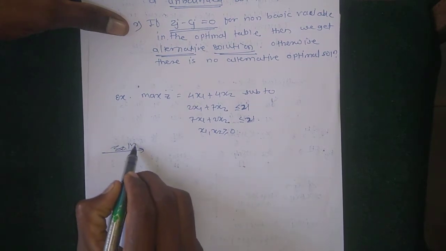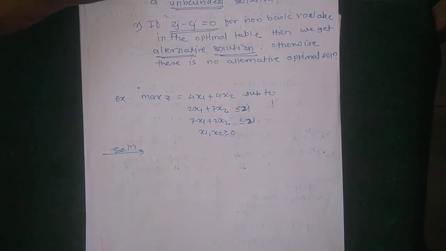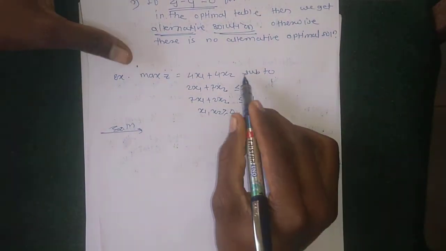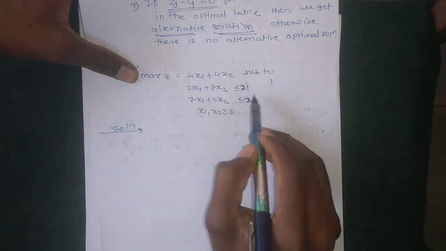So the solution of this is: firstly, the objective function is maximum type, and all b's are greater than 0, that is non-negative.